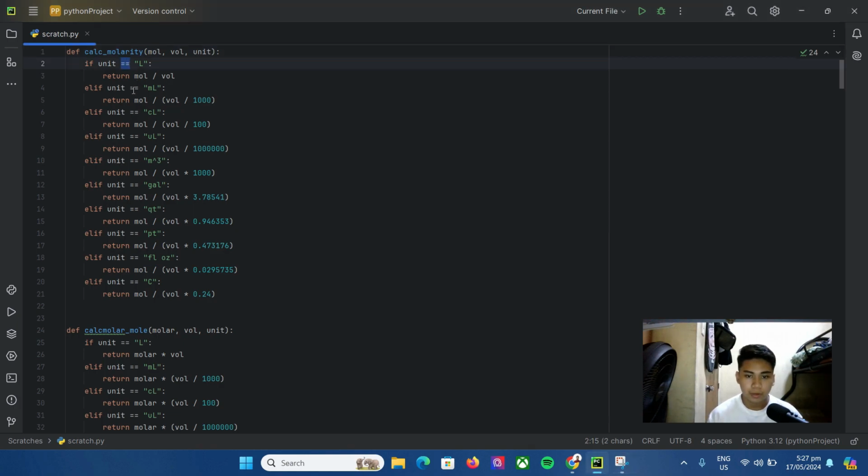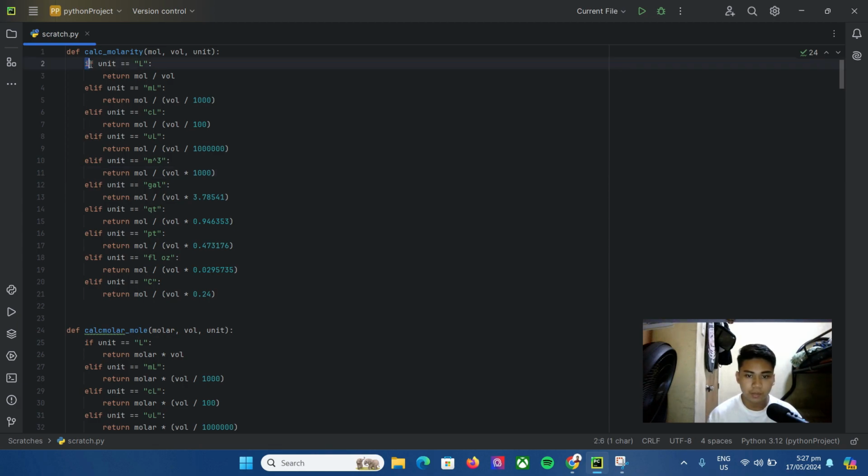The comparison operators were used to compare values, often in conditional statements to decide the program's flow, while the arithmetic operators are used for performing basic arithmetic operations. For example, division is used to calculate concentrations in functions like calcmolarity and calcmolality.